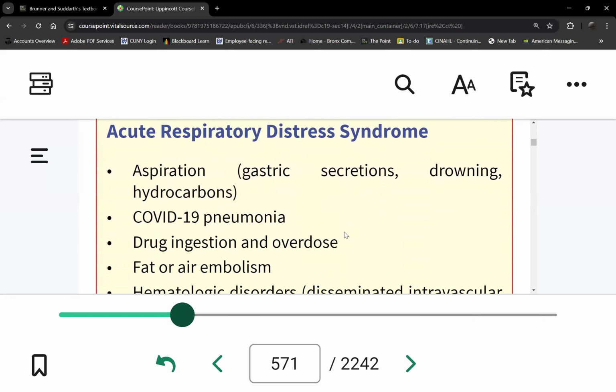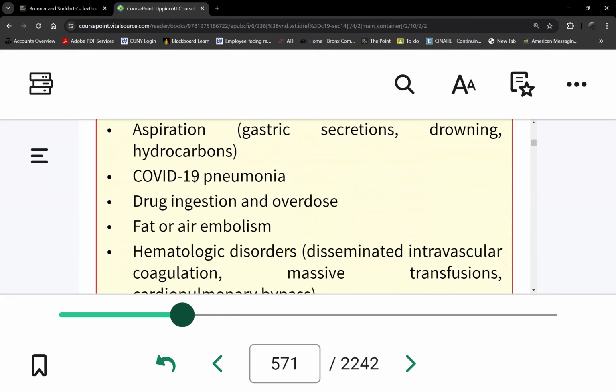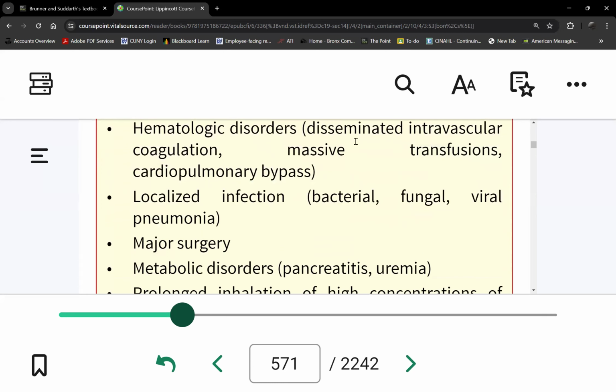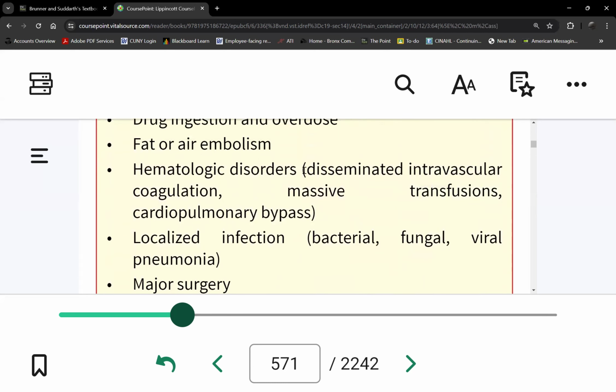Here are your risk factors. As I said, just like respiratory failure, is it always pulmonary? No, there are non-pulmonary conditions here as well. So aspiration, as already described, COVID pneumonia, drug overdose, embolism. DIC occurs at exactly the same time as ARDS because the triggers are the same.